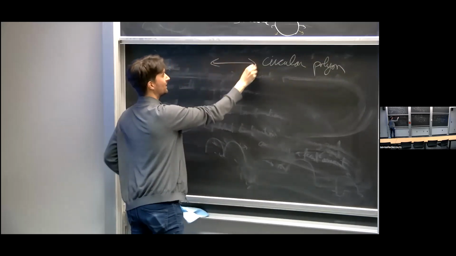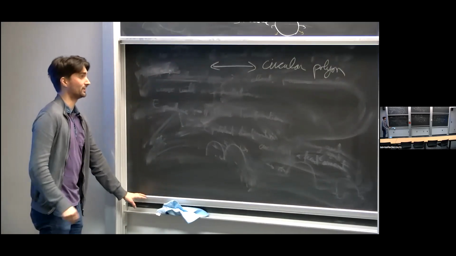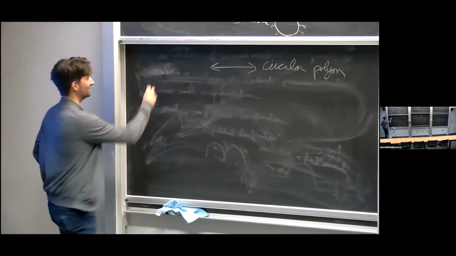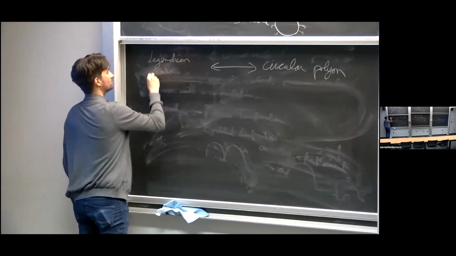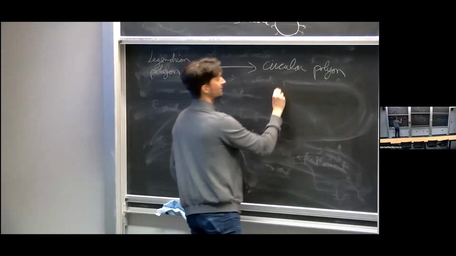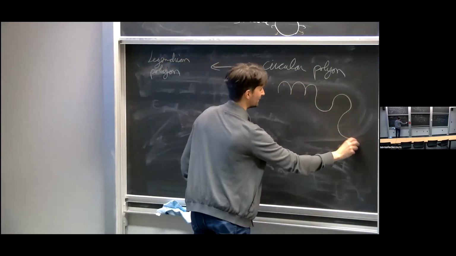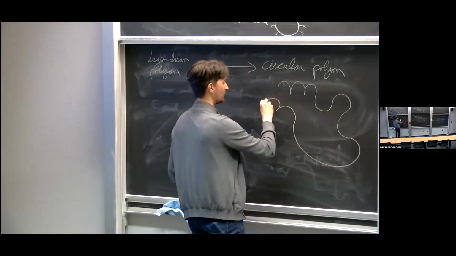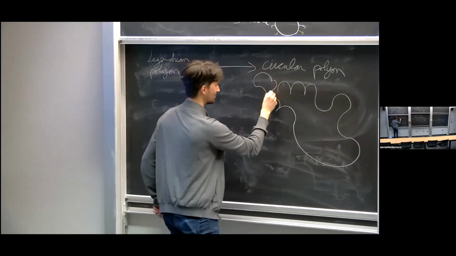So a circular polygon on that side will correspond to a Legendrian polygon on that side. So what does that mean? Here I have my curve, which I don't know, is made out of arcs of circles with singularities possibly, and eventually it closes back up.